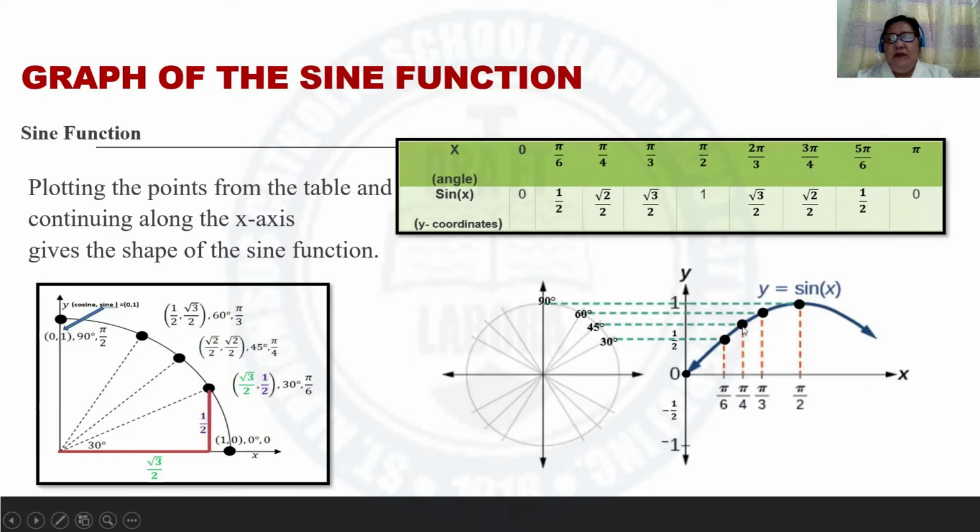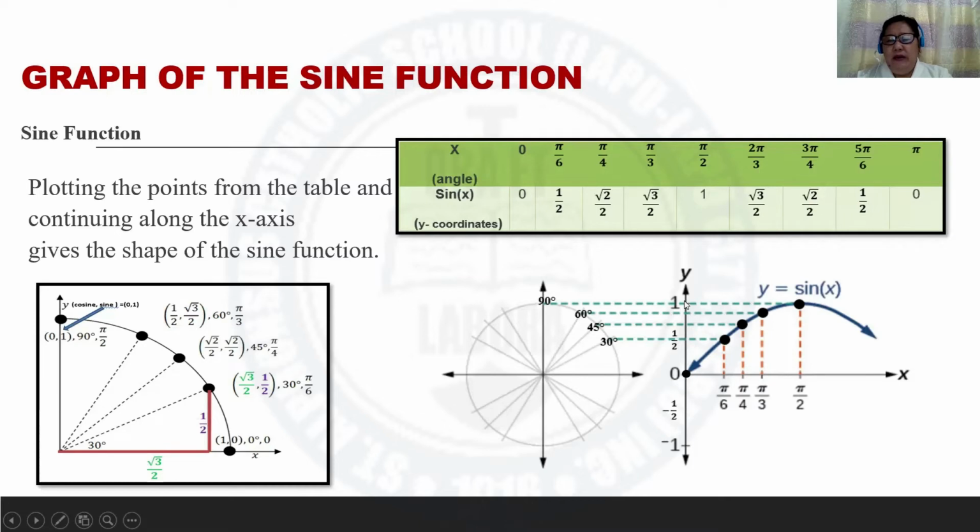Then pi over 4, you have square root of 2 over 2. So somewhere here. Pi over 3, equivalent to square root of 3 over 2, somewhere here, approximately 0.8660. And pi over 2, which is equivalent to 1.